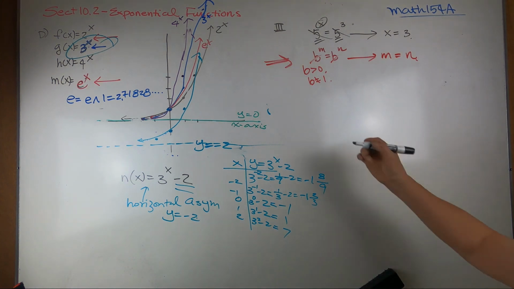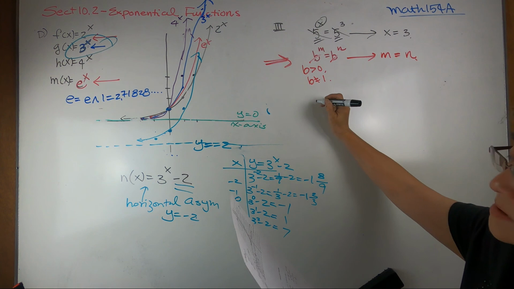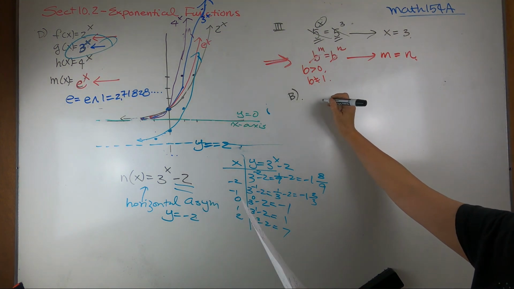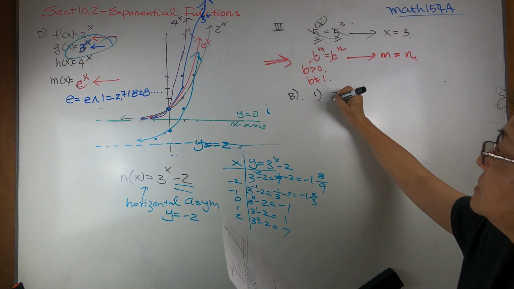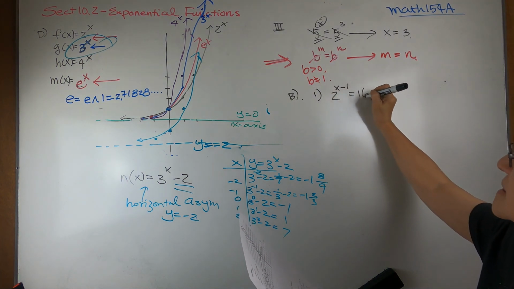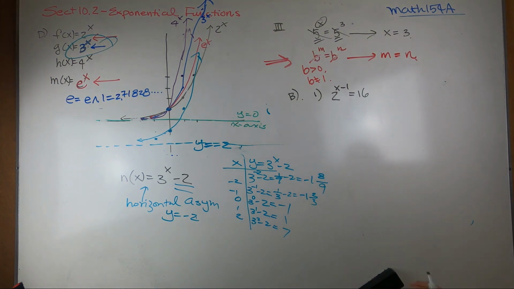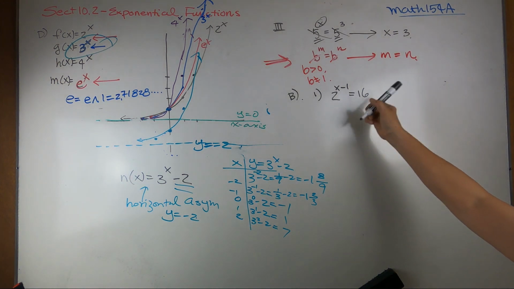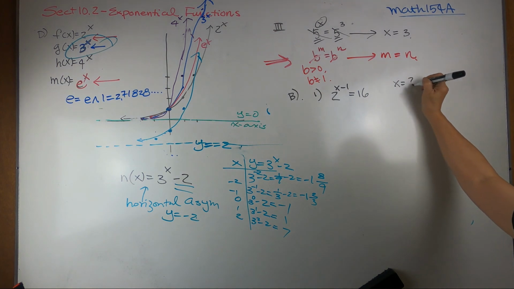Okay, here we are, page 31. The first one: 2 to the x minus 1 equals 16. What do you think your x should be? 2 to some power is 16, so let's just guess.